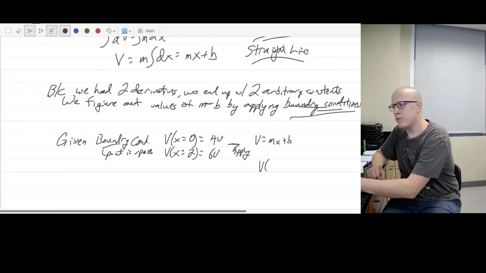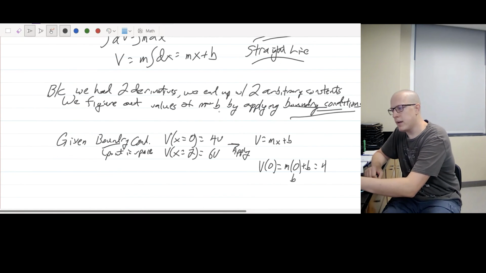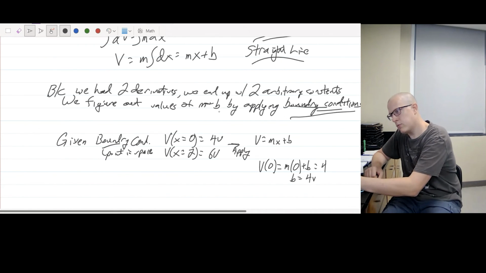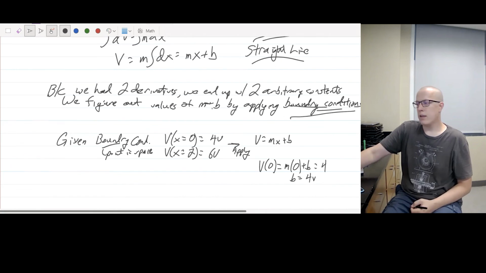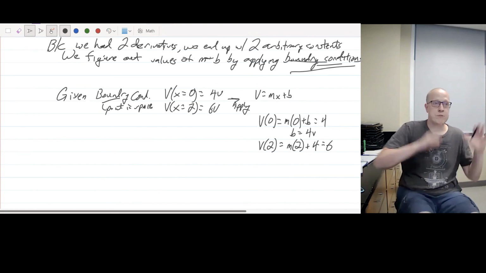So let's say I do v at 0, that's m times 0 plus b is equal to 4. That means I can say right away that b is 4, obviously 4 volts, right? And then I can do the same thing again. V at 2 is going to be m times 2 plus b. Now b we already got done saying was 4, and we are told that that's equal to 6. Again, I've just made these numbers up.